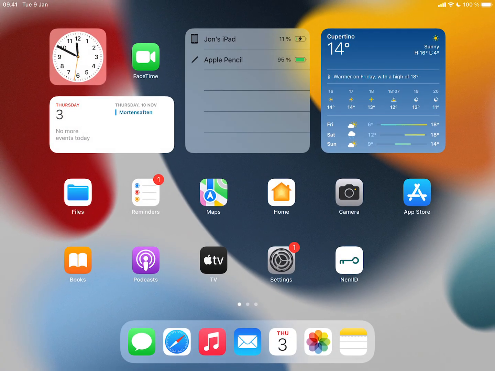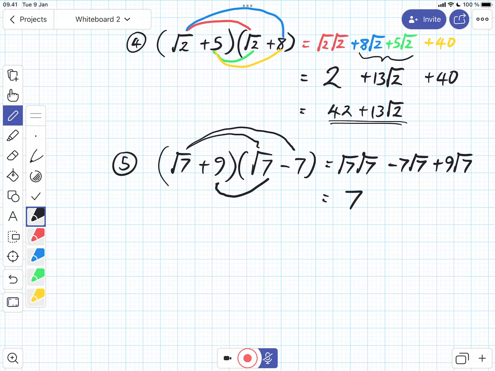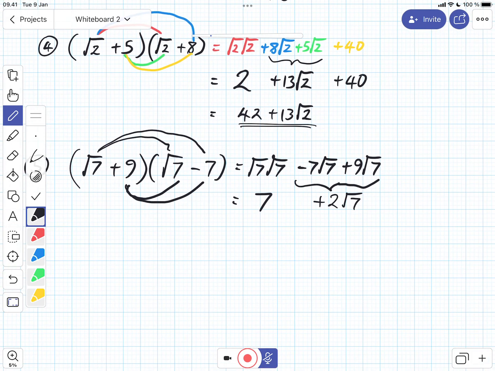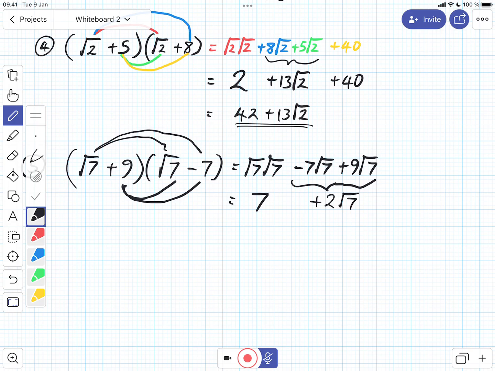Oh, and we've just pressed something we shouldn't. Okay, so minus 9 times the square root of 7. So minus 7 times the square root of 7 plus 9 times the square root of 7 on balance is going to give us plus 2 times the square root of 7. And then finally we've got 7 times minus 9 is going to give us minus 63. So we've got 7 plus 2 root 7 minus 63.